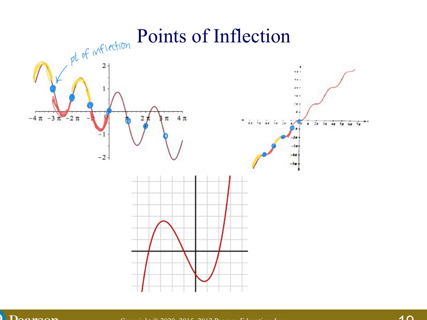So we're going to have many points here where the concavity continues to change as the graph continues to wiggle its way up through quadrant 3 and then into quadrant 1.